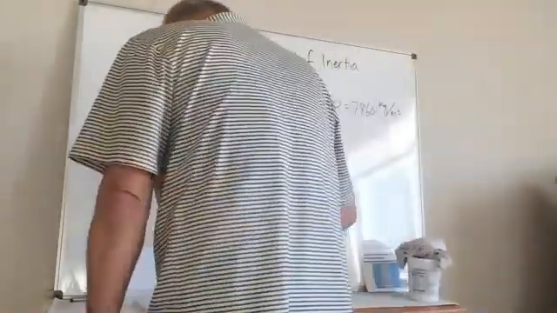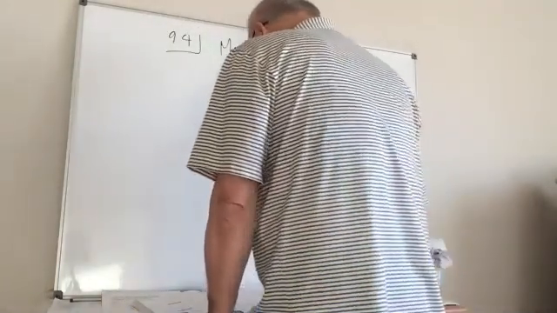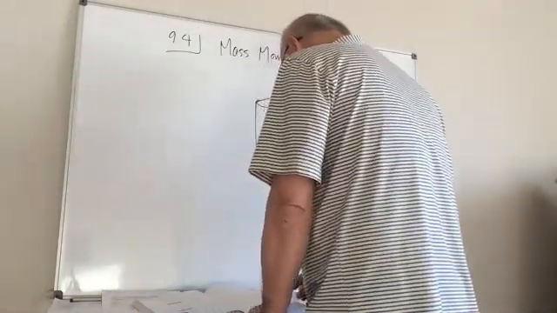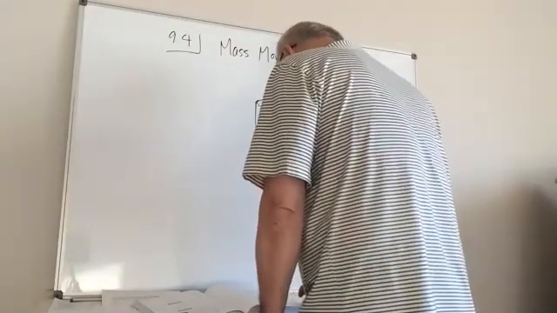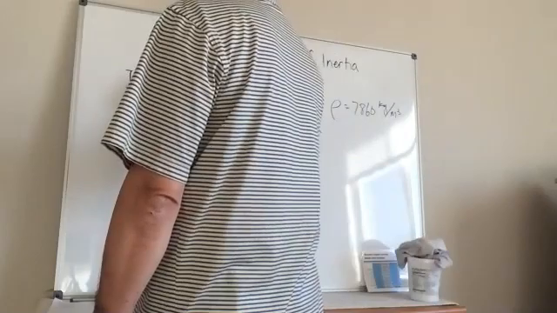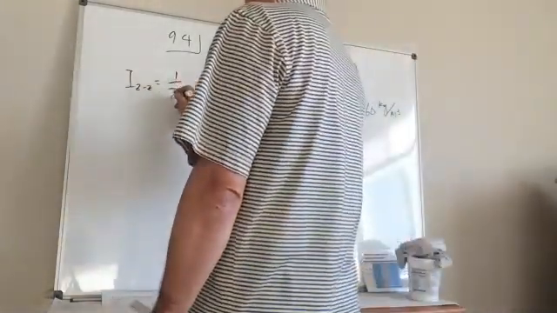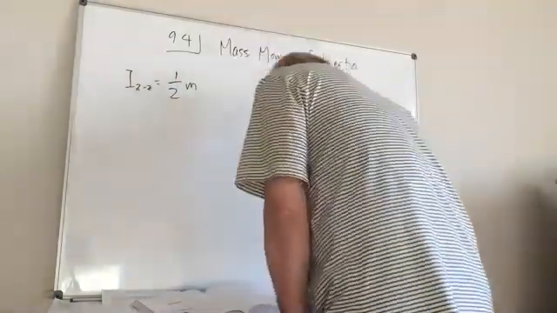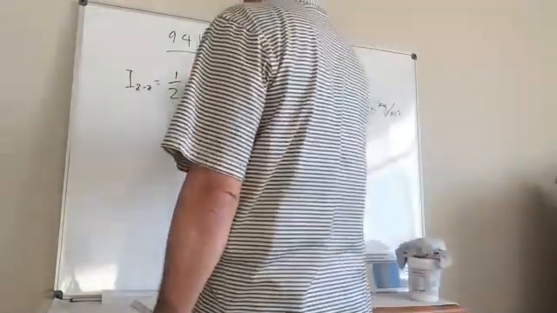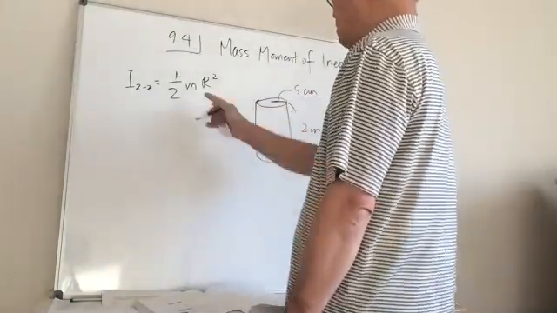Okay, so we should go to the circular cylinder on page 277. It says that the moment of inertia over the z-axis is going to be 1/2 m r squared, where r is this radius and m is the mass.